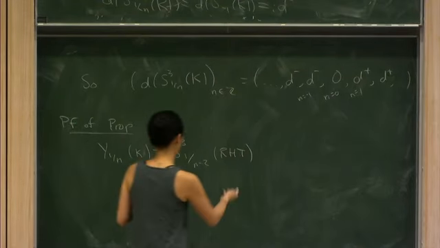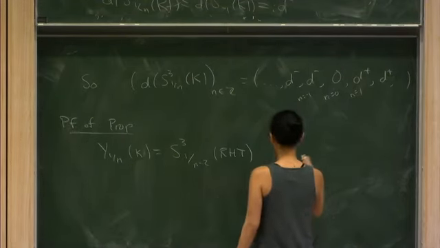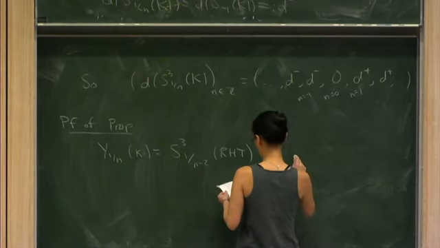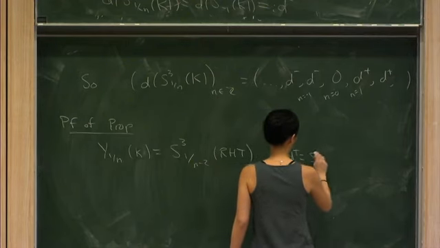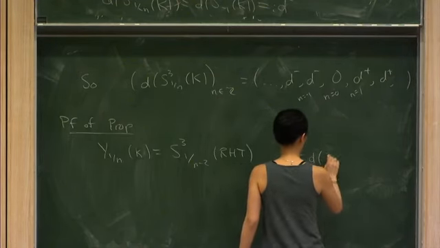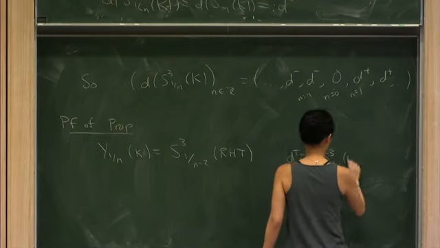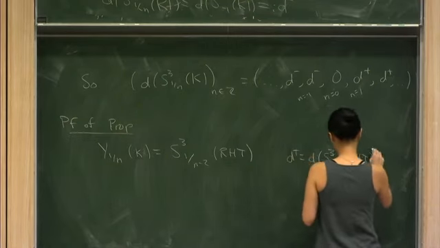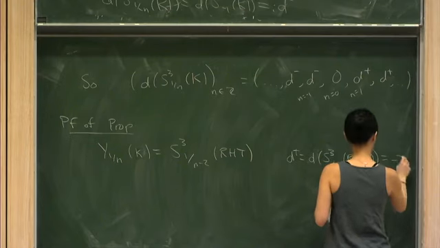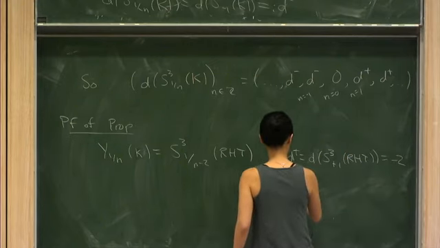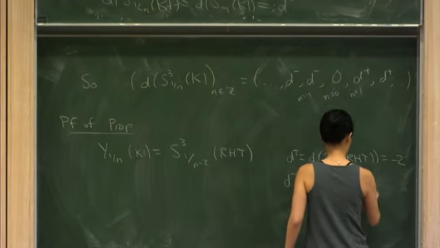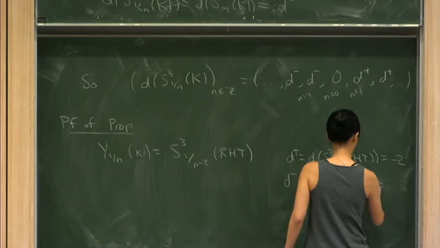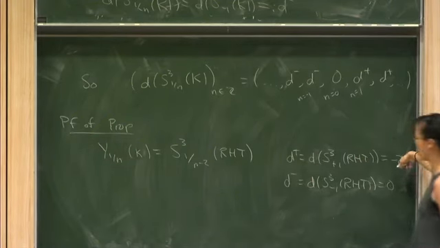Let me tell you the d invariants for plus and minus 1 surgery on the right-handed trefoil. Let's call d plus the d of +1 surgery on the trefoil. This is -2. And let's call d minus the d of -1 surgery on the right-handed trefoil. That's 0. So all we really needed is that one of these be non-zero.